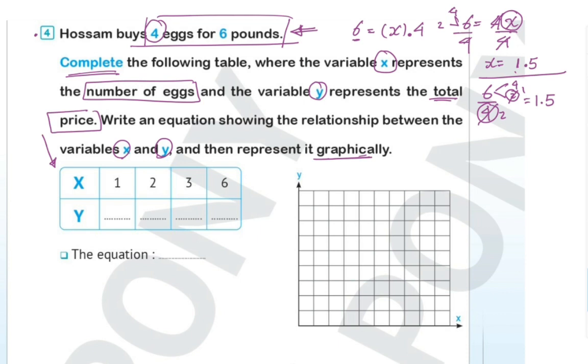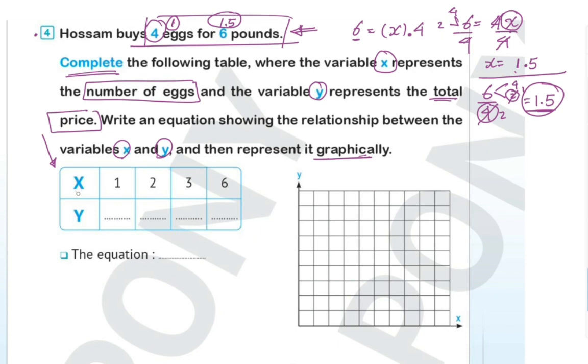Now the number is 1.5. Note with me, 1.5 what? 1.5 pounds for just one egg. Okay, so 4 eggs for 6 pounds, but one egg will cost me 1.5 pounds. And this is the first blank here.